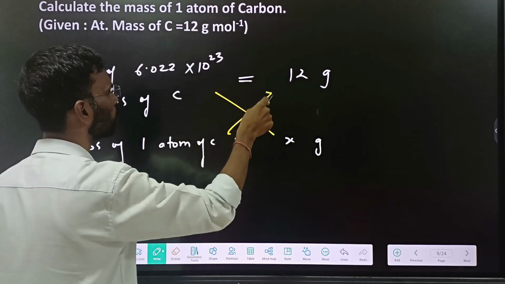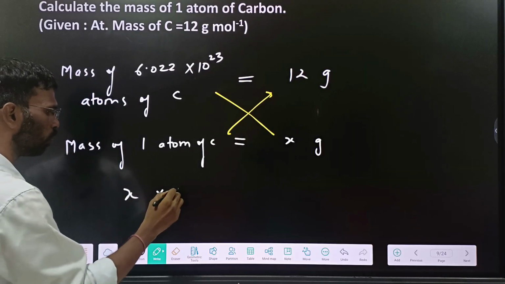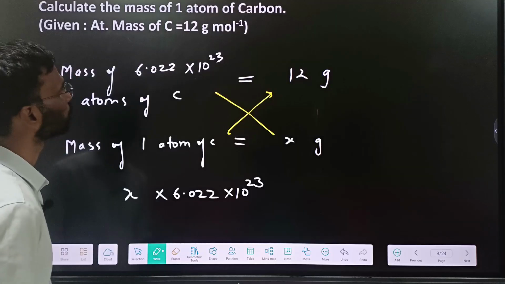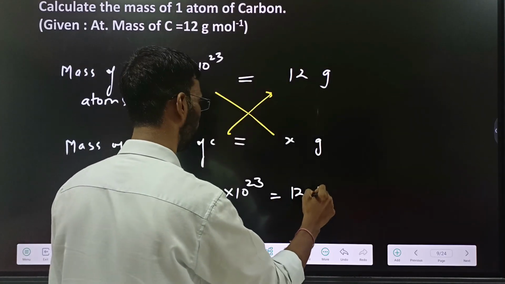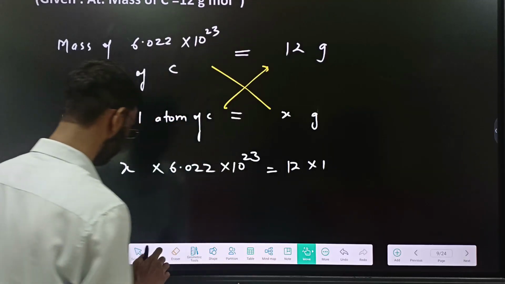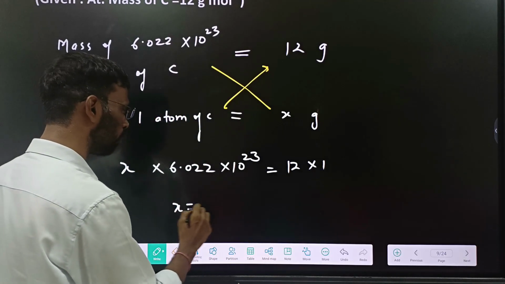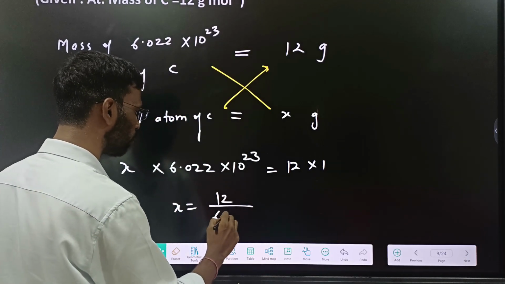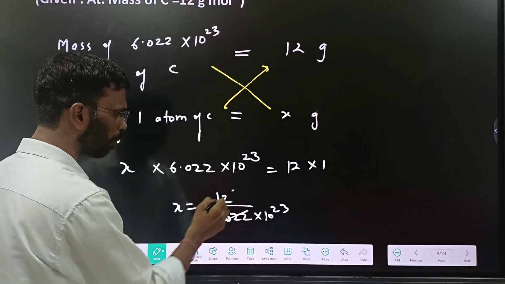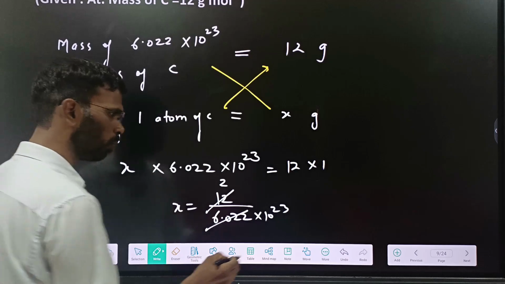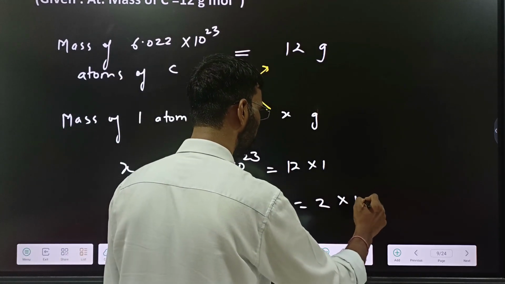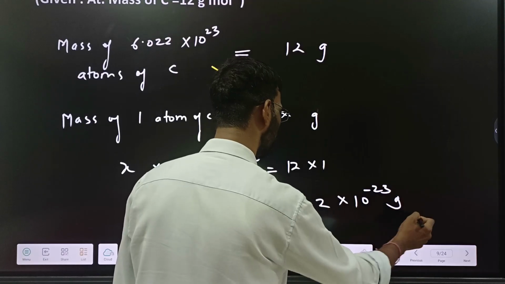So x into 6.022 into 10 raised to 23 is equal to 12 into 1. Therefore, x is equal to 12 divided by 6.022 into 10 raised to 23. Approximately 6 2s are 2. The answer comes to 2 into 10 raised to minus 23 gram.